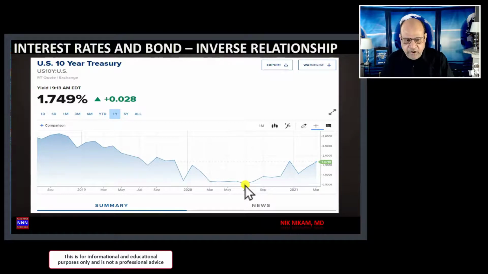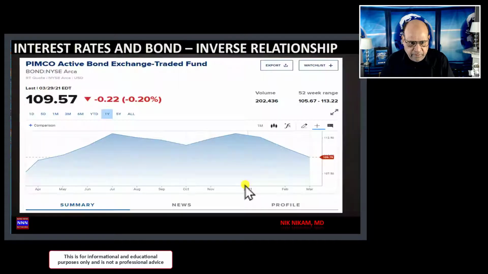However, from July onwards, if you look at here, the interest rate is climbing. And as the interest rate is climbing, people can go and buy the same 10-year treasury for a much better interest rate. As a result, those people who bought their treasury back in July had to sell it for a loss, and that's why the bond prices keep coming down.